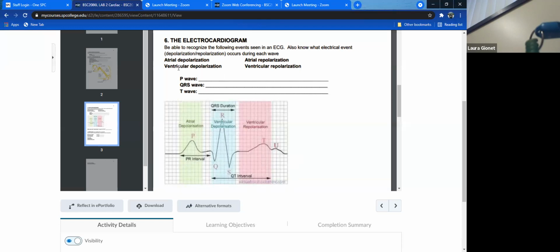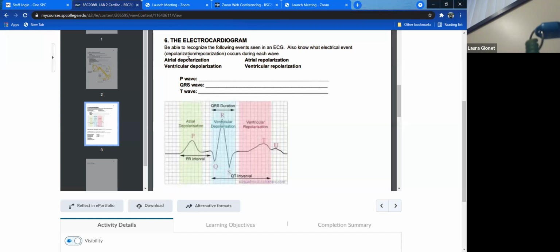During the P wave, we need to identify which of these is happening: atrial depolarization, ventricular depolarization, atrial repolarization, ventricular repolarization. Because we know that the atria have to depolarize and contract and then repolarize and go back to resting membrane potential before they can depolarize and repolarize again.